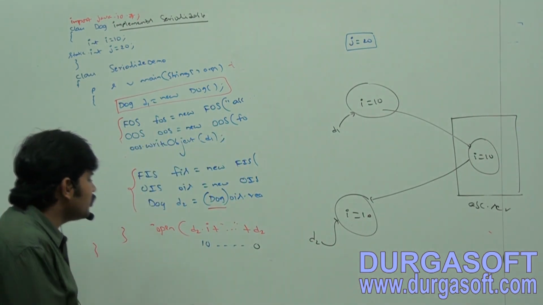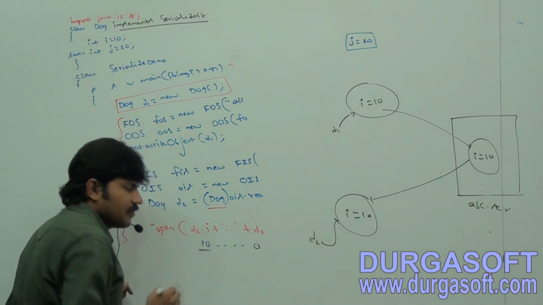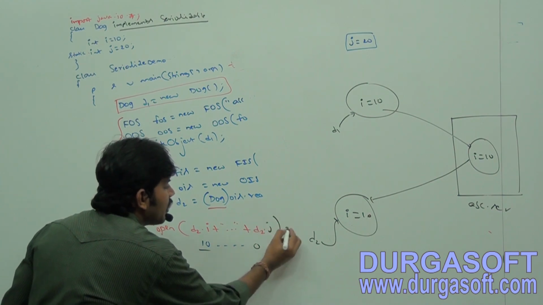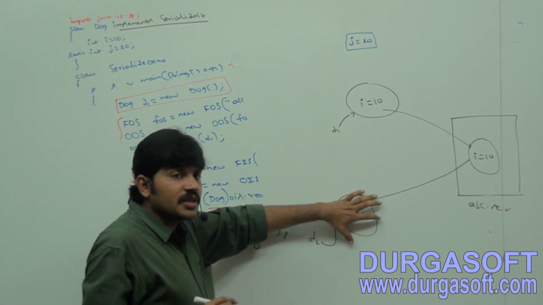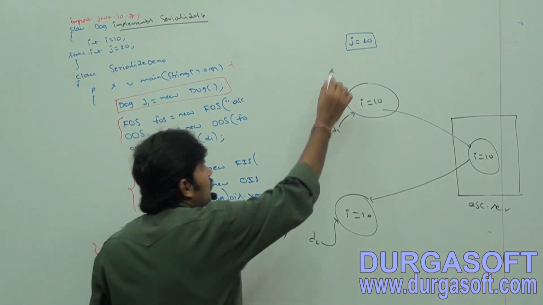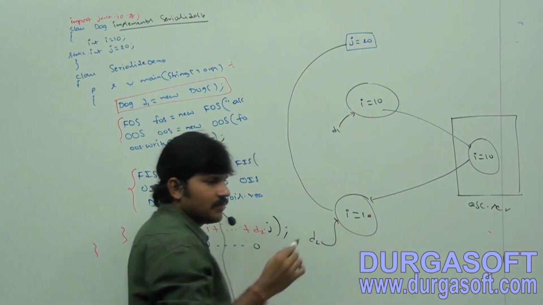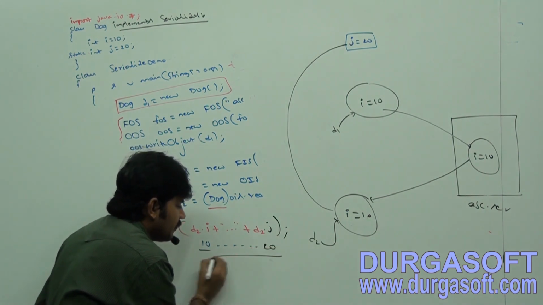Now, if I print d2.i, what is the answer? 10. If I print d2.j, what is the answer here? By using an object reference, we can access class level data. Correct or not? Now this class level data will come by default. d2.j is 20 by default.